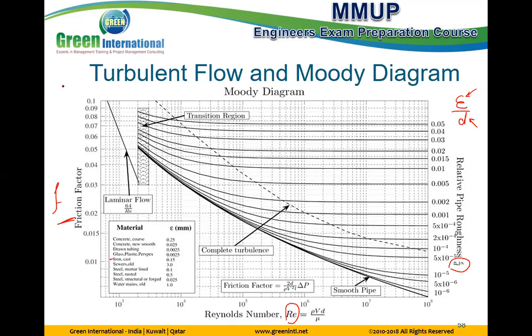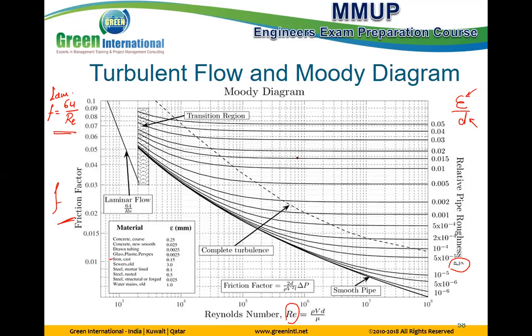It means for laminar flow, f equals 64 divided by the Reynolds number, according to this line. You can get it from this line or directly from this equation. This is linear, but turbulent is curved like this.